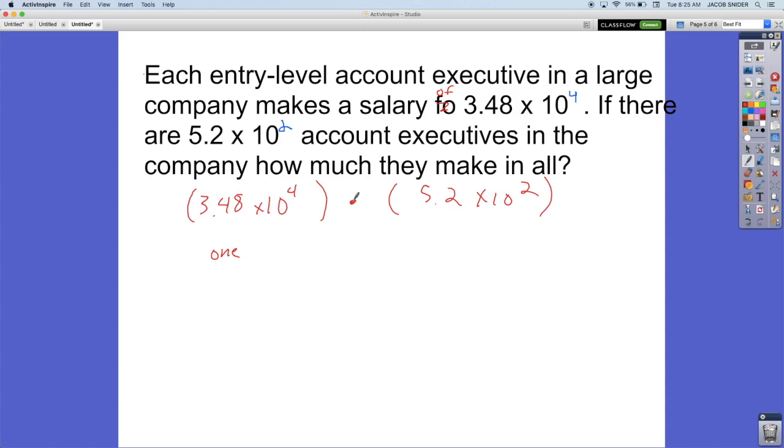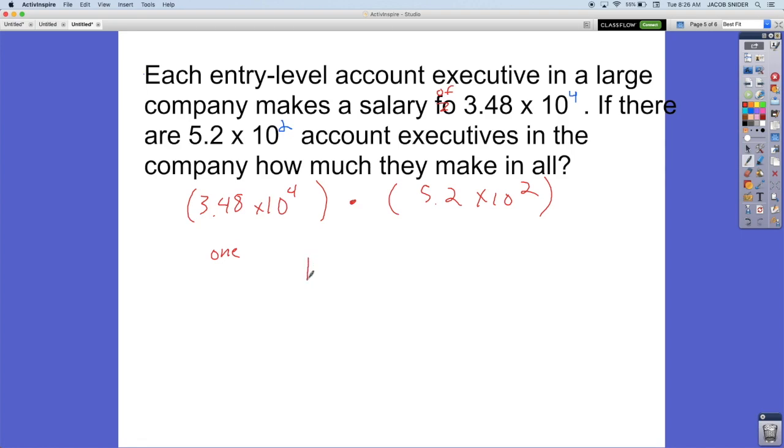All right, so plug it into your calculator. 3.48 times 10 to the fourth times 5.2 times 10 to the second. This must be a big company with a whole lot of money.